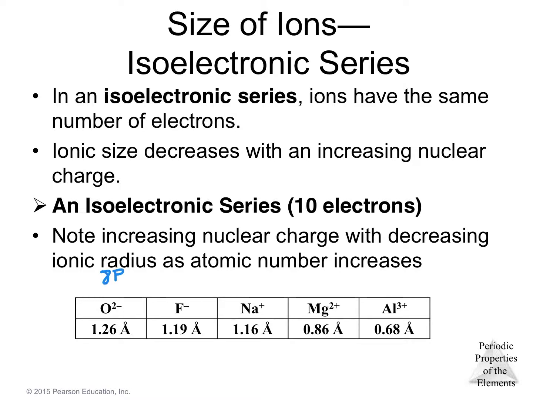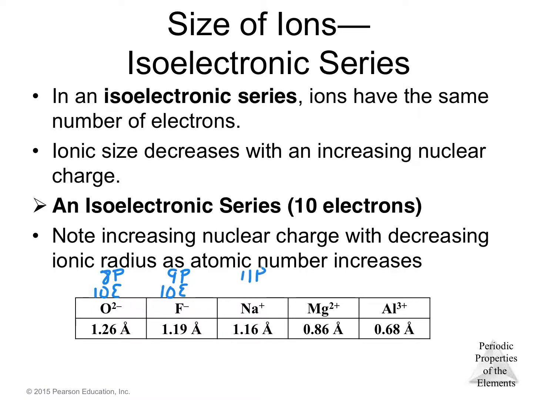If it has a charge of -2, that means it has gained 2 electrons, so it has 10 electrons. Okay, fluorine has 9 protons. If it has a charge of -1, then it has gained 1 electron and has a total of 10 electrons. So these have the same number of electrons. They are isoelectronic.